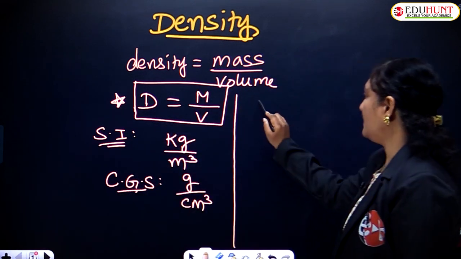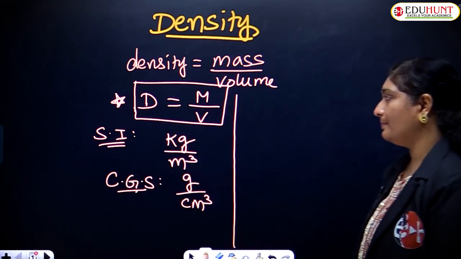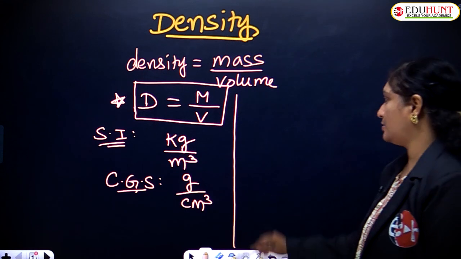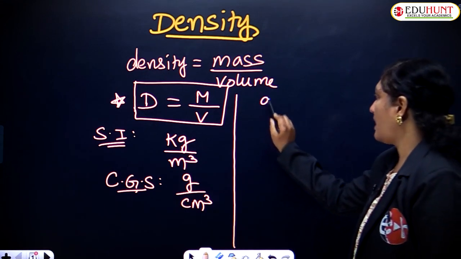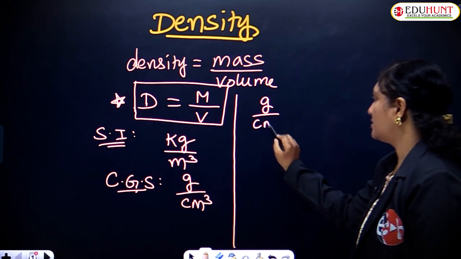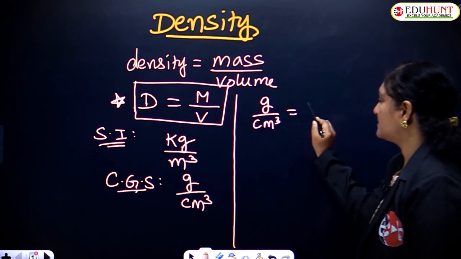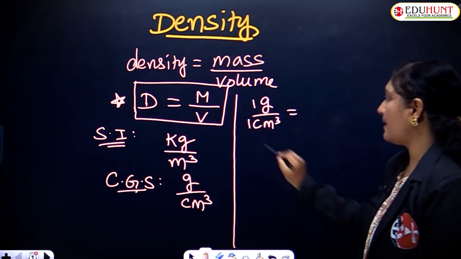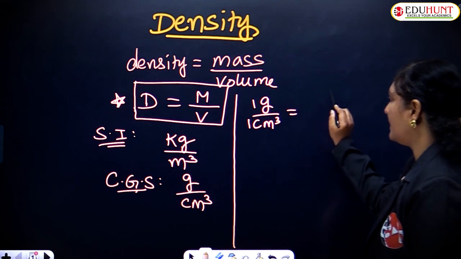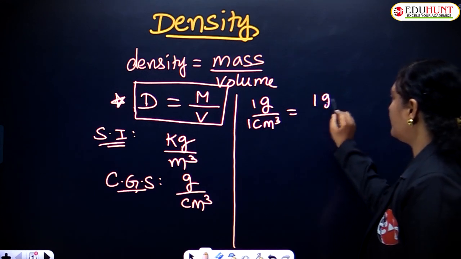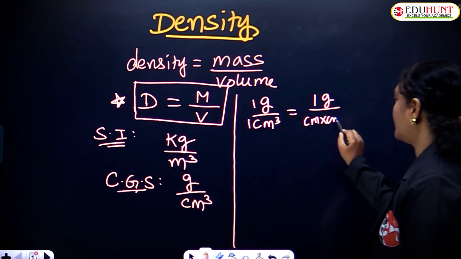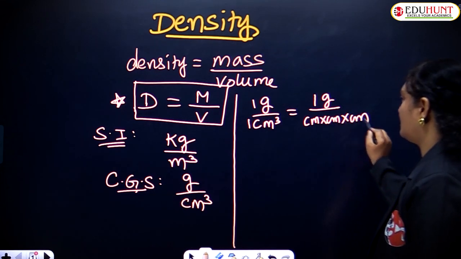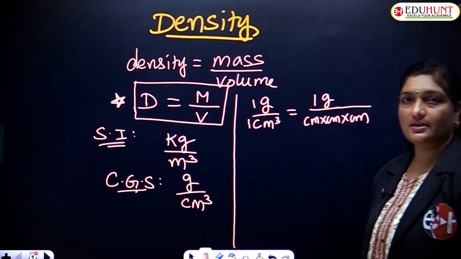So, how many gram per centimeter cube makes a kg per meter cube? Let us go here. 1 gram per centimeter cube can be written as 1 gram upon centimeter into centimeter into centimeter. Isn't it, children?